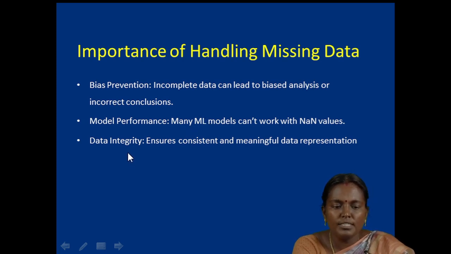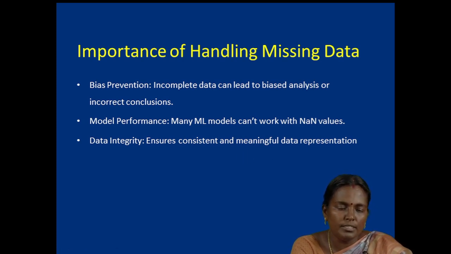Then the next one is data integrity. It has to ensure consistent and meaningful data representation so that we can make informed decisions in a proper way. So these are the things that make missing data handling important.